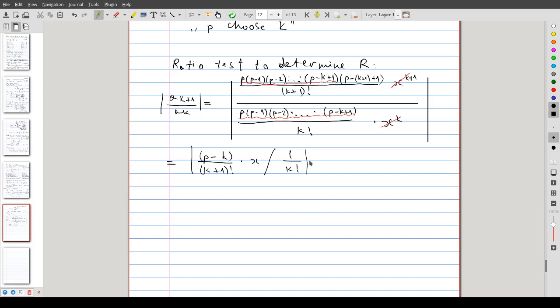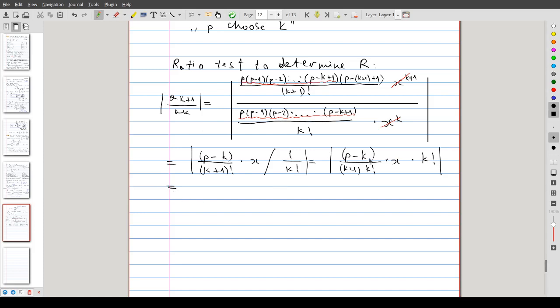This, of course, is simply saying that I have absolute value and then (p minus k) divided by (k plus 1) times k factorial times x times k factorial. Instead of dividing by 1 over k factorial, I'm multiplying by k factorial.